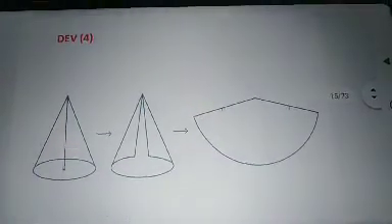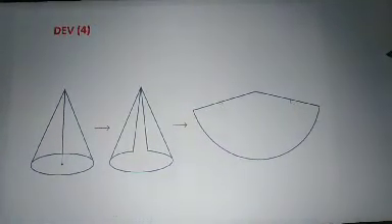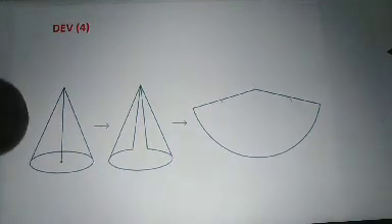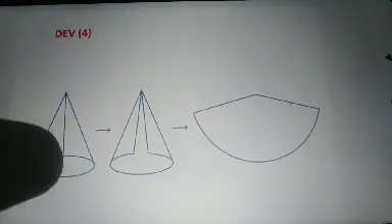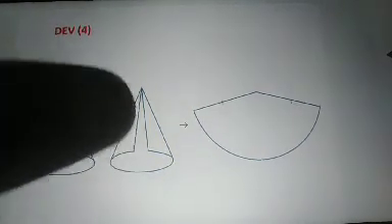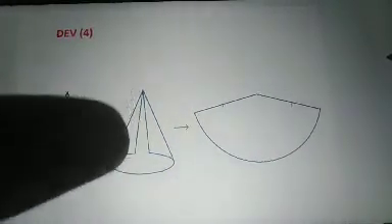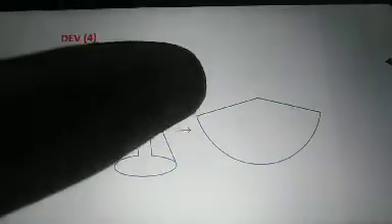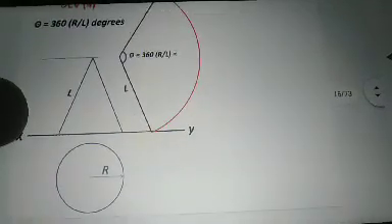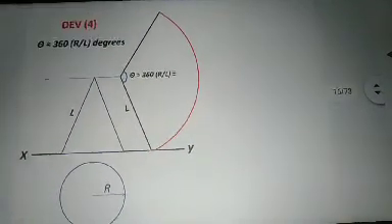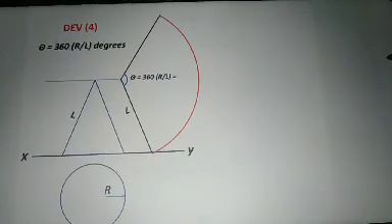Now for that purpose, let us see how we can develop a cone. This is the right circular cone, and this is the axis of that cone. Let us cut that cone in this section. It will be visible like this after cutting the cone. Now let us see how the cone development is possible.